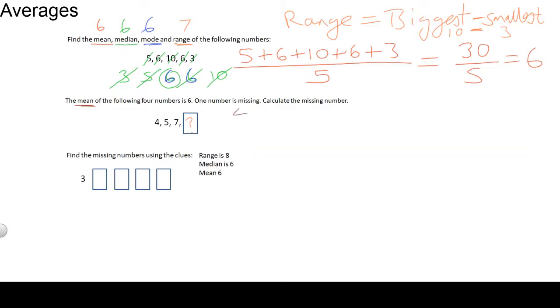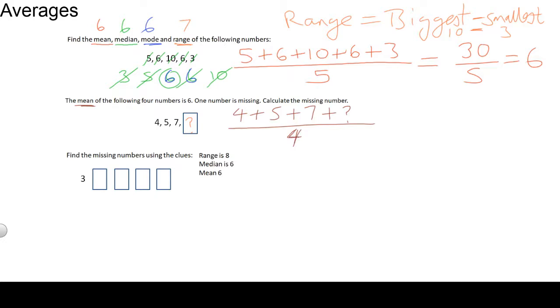So we've got 4 plus 5 plus 7 plus something. Now that something you can leave as X or as a question mark, it's up to you. Divided by, well, we've got 4 numbers there, including the number that's missing. Remember, the mean of those 4 numbers is 6, so we do need to divide by 4, right, not 3.